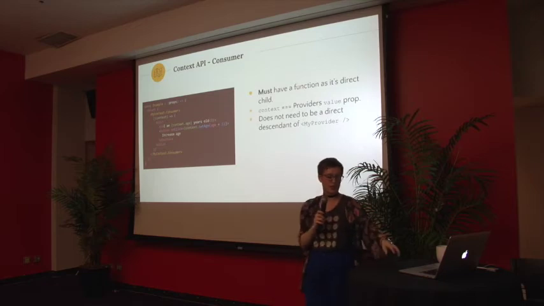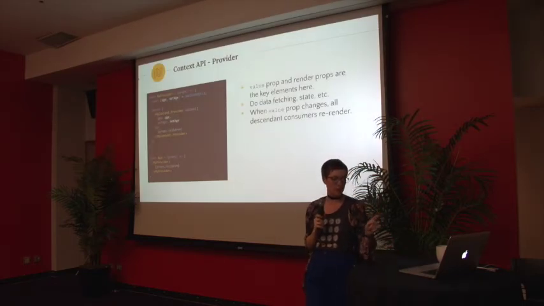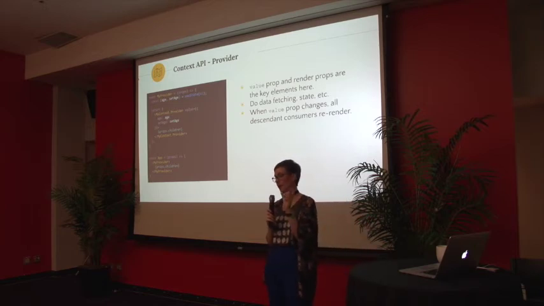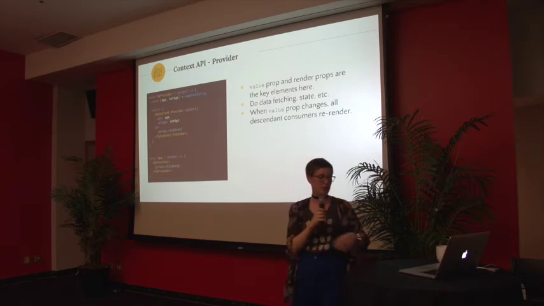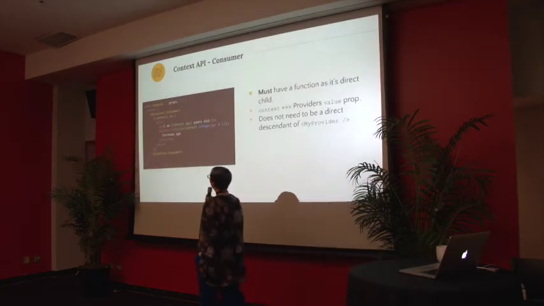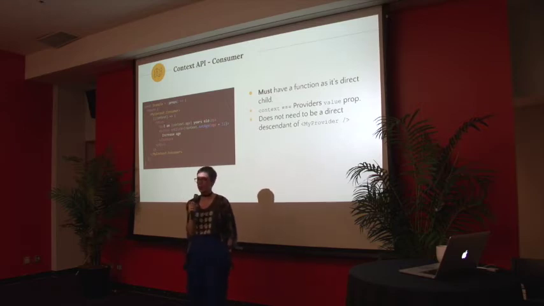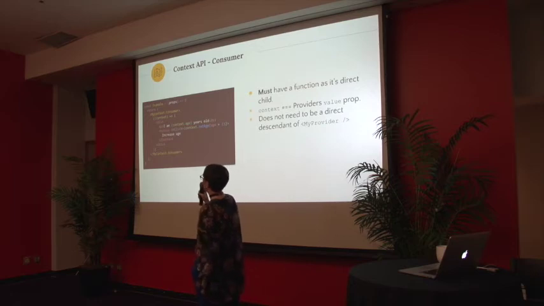If I could really nail it in, the two things you have to take away: myContext.provider has to render props.children and the value prop. Those are the two things that really matter. And then myContext.consumer always returns a function child. You'll see we've got our little context in the open brackets.